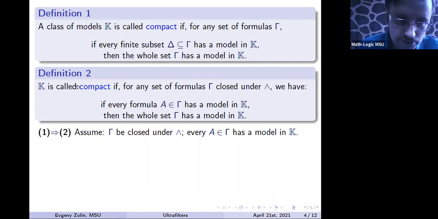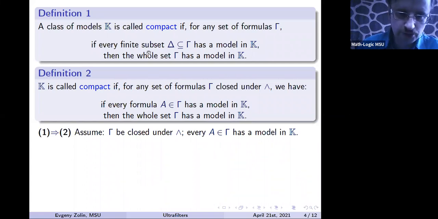From 1 to 2. So assume that we know that K satisfies 1, why it satisfies 2. So we take any set of formulas gamma closed under conjunction and assume that the first line holds. So every formula has a model in K. Why does the whole set have a model in K?